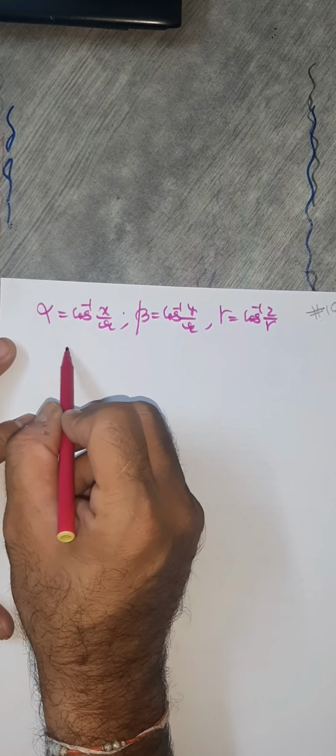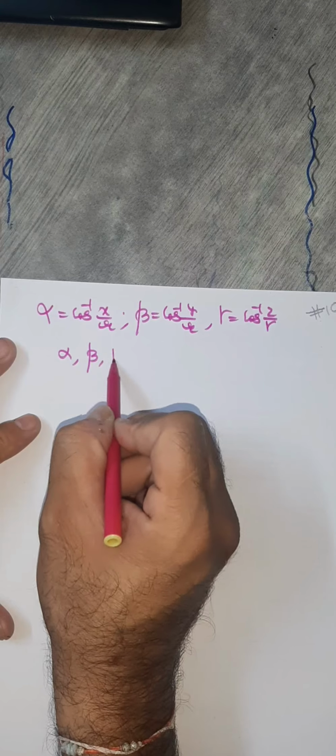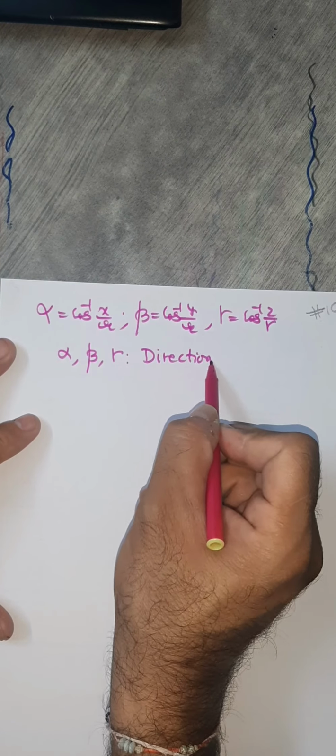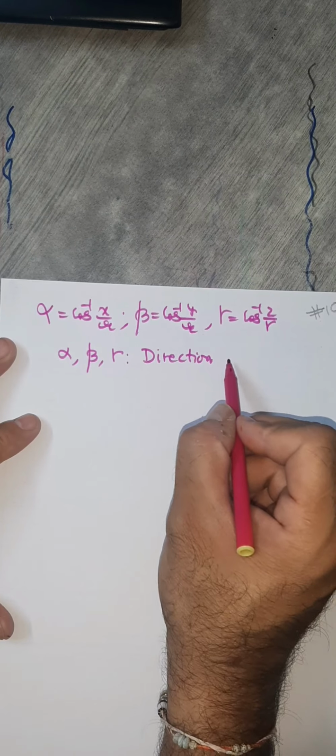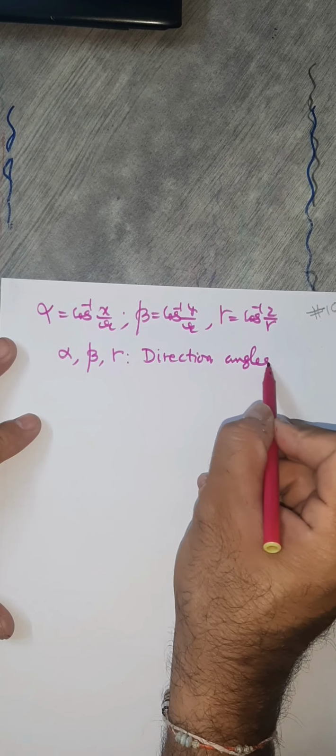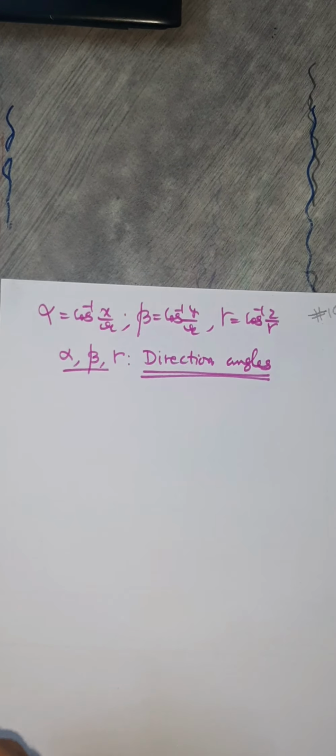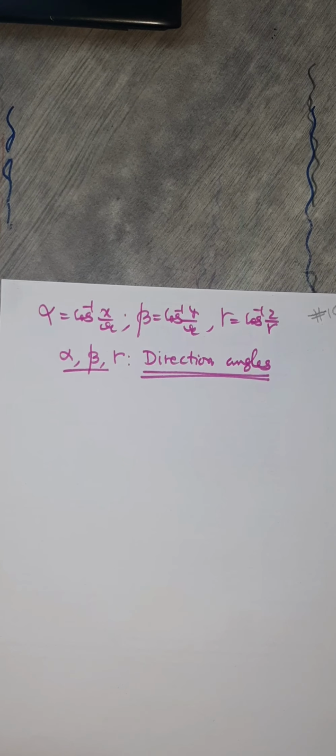So alpha, beta and gamma are called direction angles, remember. Cos alpha, cos beta and cosine gamma are called direction cosines, and direction ratios, remember.